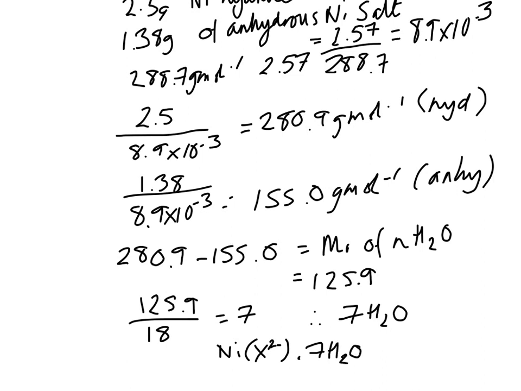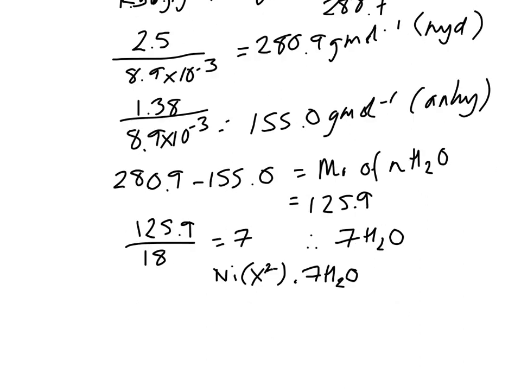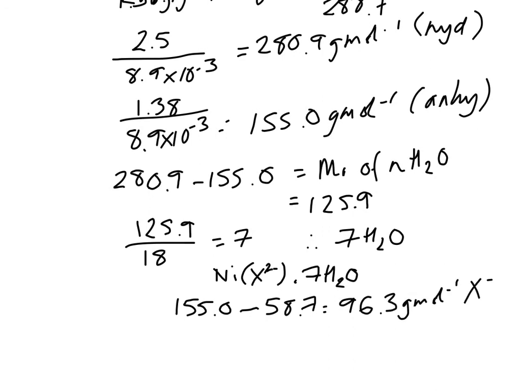But we can now work out the mass of X, or the molar mass of X, by taking the mass of our anhydrous ion, the molar mass of our anhydrous ion, and taking away the mass of the nickel. Tells us that our anion is 96.3 grams per mole.